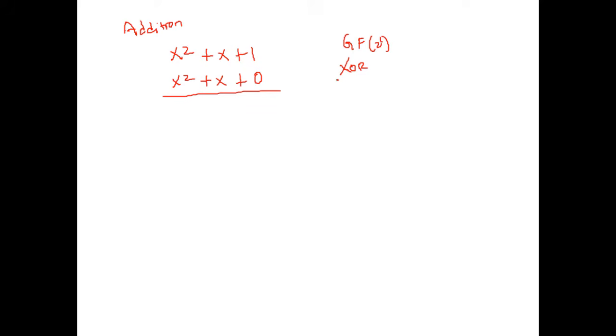If you're confused about this, take a look at our previous session. So what is an XOR operation? Say we assume that when x square and x square we are going to add, this is nothing but 1 and 1 here. So when two bits are 1s, we are going to have an output as 0. This term will cancel out. Likewise, you have a 1 and 1 here, so this term will cancel out. So this will be the output.